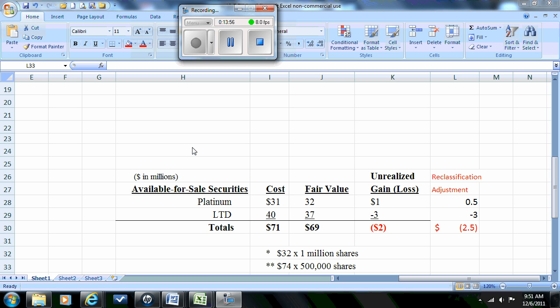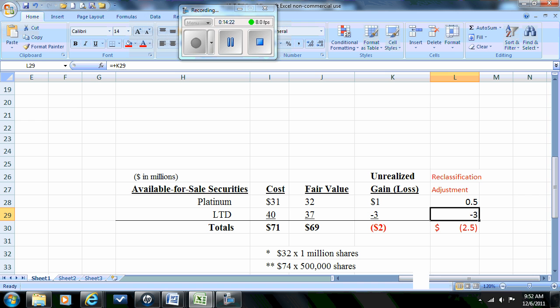To do this, we're going to look at our securities and measure the reclassification. For platinum, we sold half of our shares. We had previously an unrealized gain, OCI, of $1 million. Half of those we no longer own, so our reclassification adjustment will be for 1/2 of the unrealized gain.